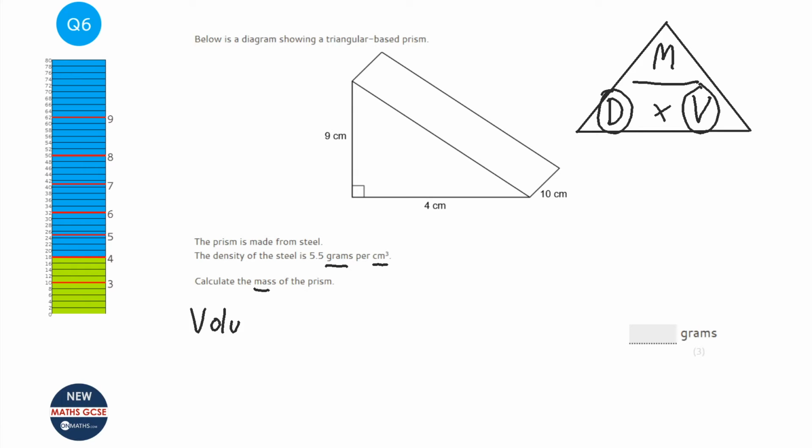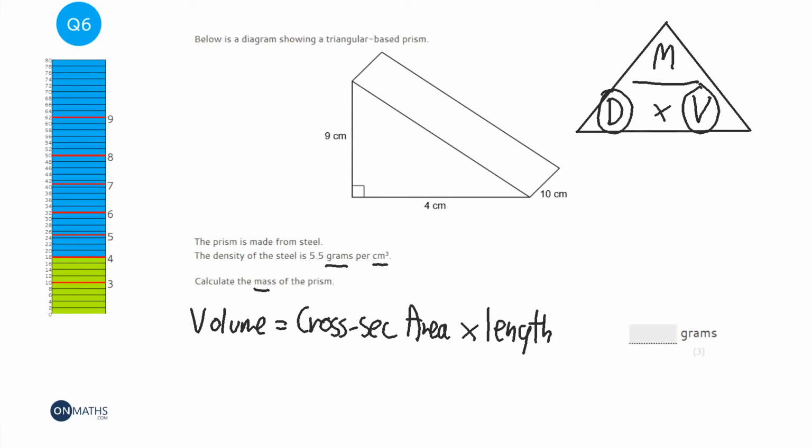To work out the volume of any prism, it's the cross-sectional area times the length. Some people call the length something else, but the length is basically how 3D the prism is. So the length is this one here, and the cross-sectional area is the area of this triangle here.